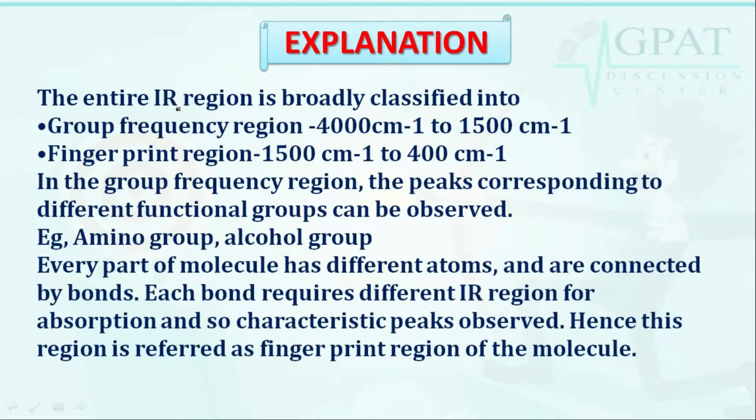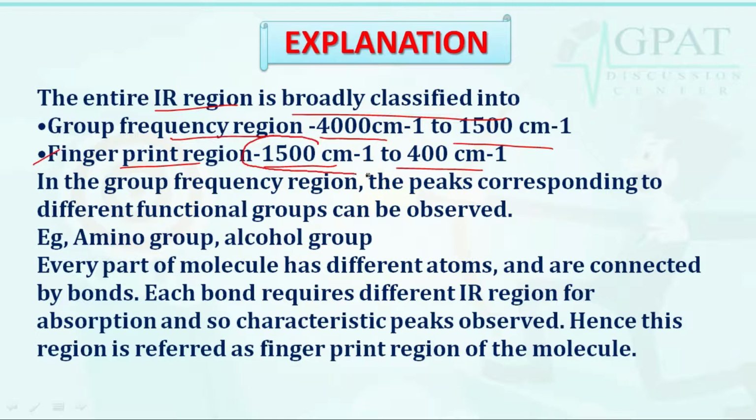The entire IR region is broadly classified into the group frequency region and the fingerprint region. The group frequency region is 4000 to 1500 cm inverse, and the fingerprint region is 1500 to 400 cm inverse. Students, sometimes the question may also ask which is the fingerprint region and what is the range.